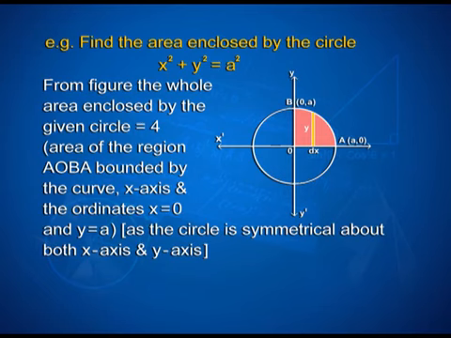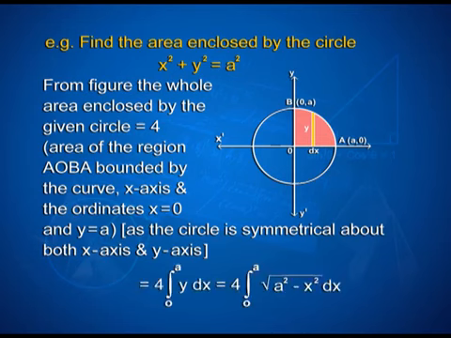As the circle is symmetrical about both the x axis and y axis, we can write it as 4 into integral 0 to a y dx, which is equal to 4 into integral 0 to a square root of a square minus x square dx.